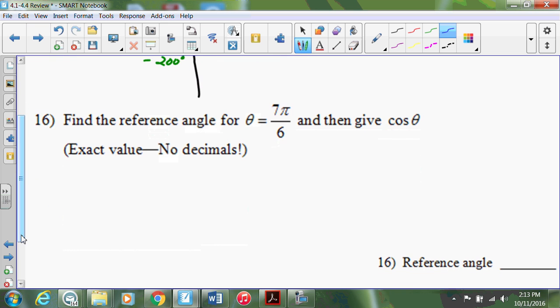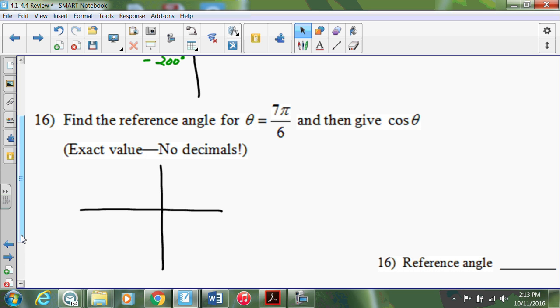Find the reference angle for 7 pi over 6, and then give cosine of theta. So here we go. Once again, we're going to look at our quadrant, and 7 pi over 6, when I think about it, if I go 6 pi over 6, if I start once again right here, that's always my initial side. And if I went 6 pi over 6, I'd almost be to 7 pi over 6.